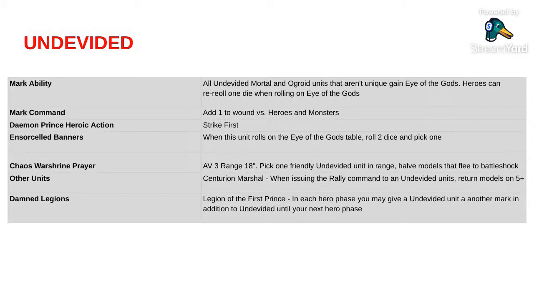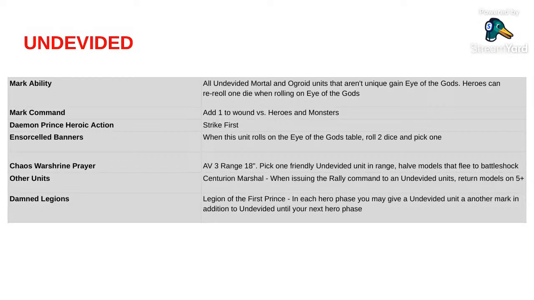Your Ensorcelled Banners, the one for Undivided units, lets you roll 2 dice on the Eye of the Gods table and pick one of the 2 dice for the unit with the banner. So it's a nice little bit of manipulation that you have available to you. Again, your Chosen get to just roll at the beginning of the game. So throwing this banner on a unit of Chosen is probably going to be pretty good.